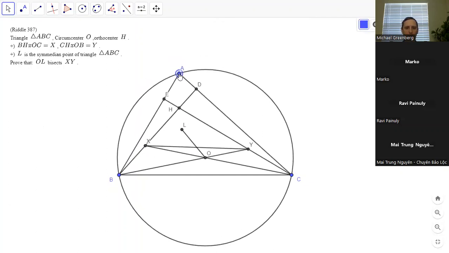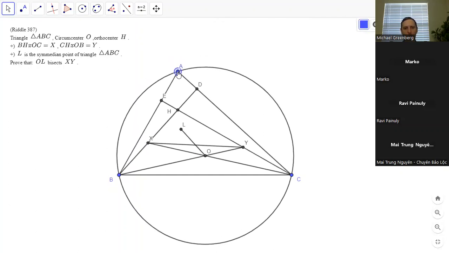I don't know if it'll help to extend CO to meet the circle or extend BO.